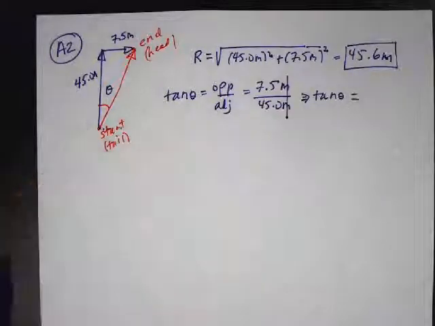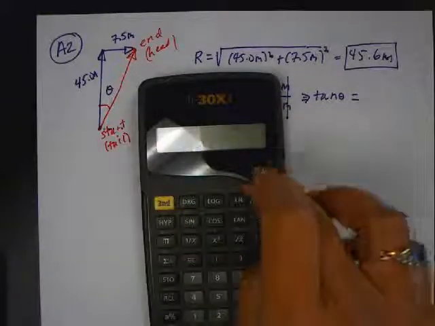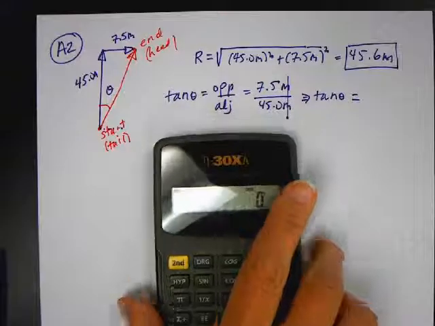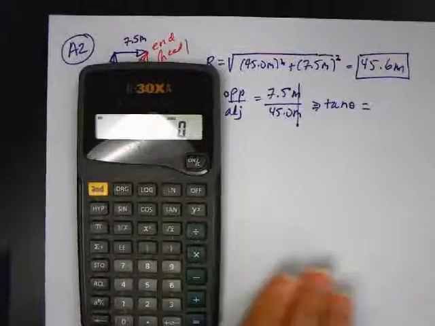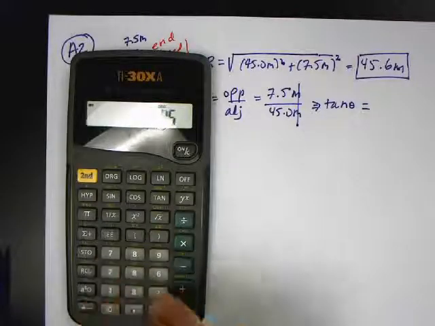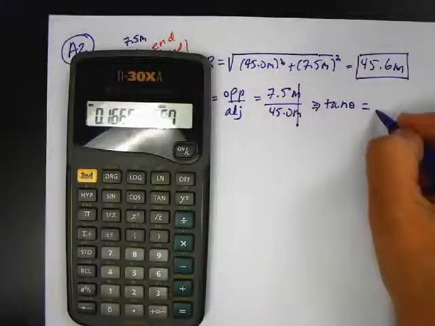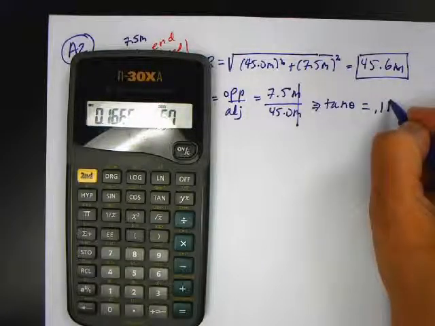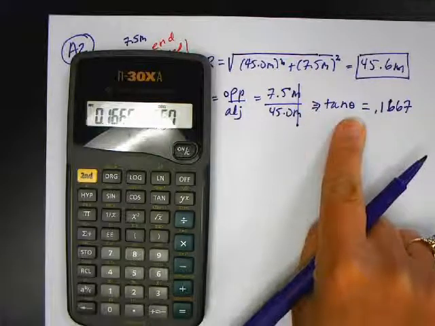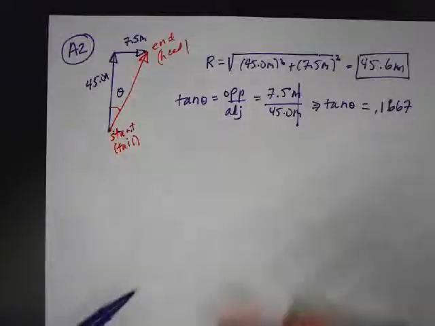Now again, this is going to be tan of theta. On my calculator, when I do 7.5 divided by 45, it comes out to be 0.1167. But that's not theta, that's tan of theta. Now normally in math class, when you want to get rid of something, you divide.